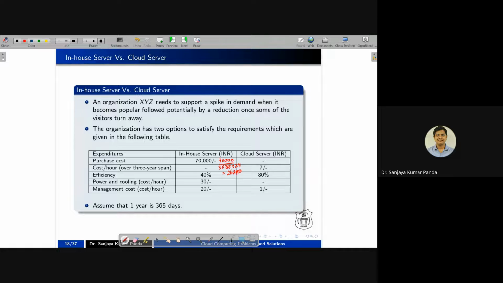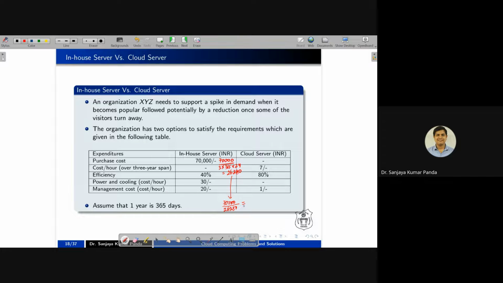Okay, so now we'll go for the efficiency. If you go for efficiency, I can calculate. This is 26280 hours we are getting. The denominator is 26280, but the numerator is 70,000. So let me write here 70,000 divided by 26280.